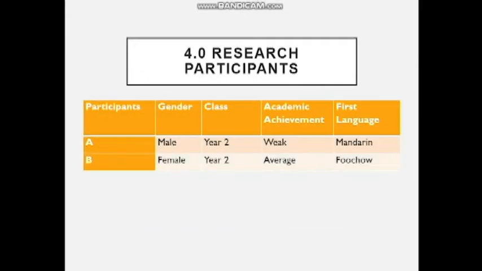Now let's look at our research participants. We chose two students to be our participants in this research, a male and a female. Both of them come from a Year 2 class.